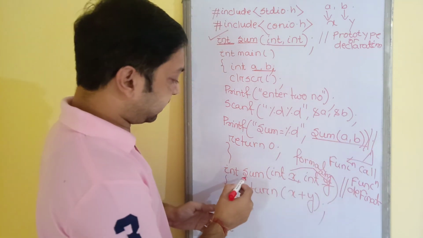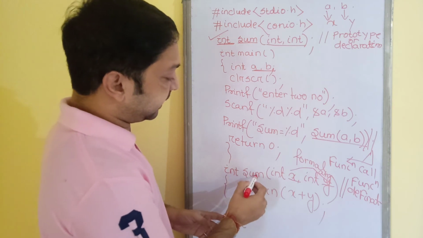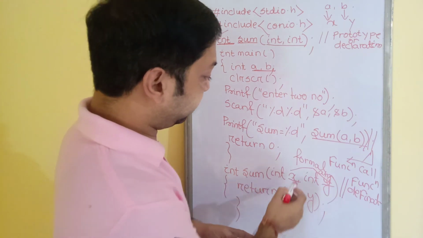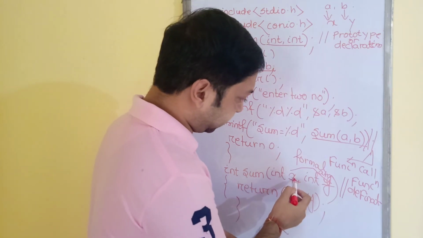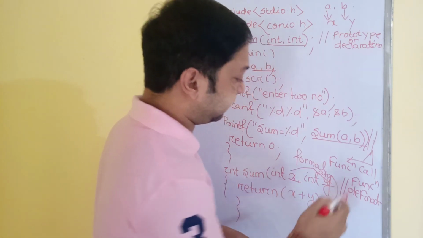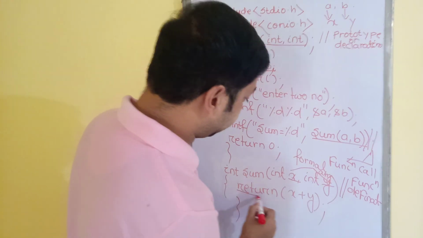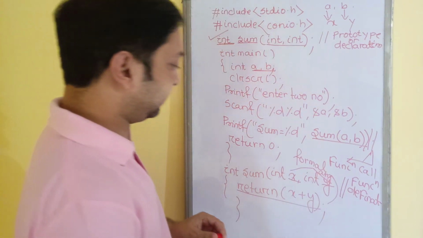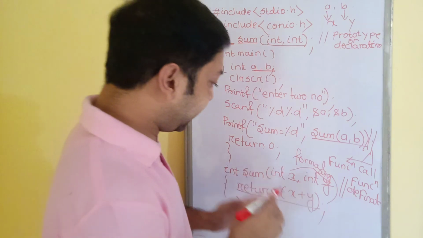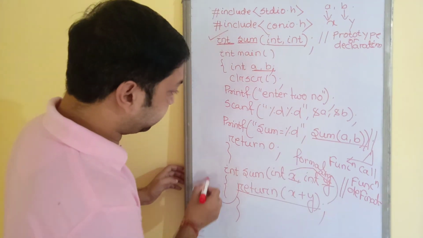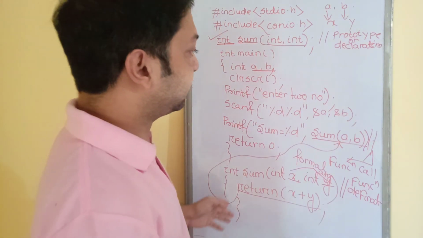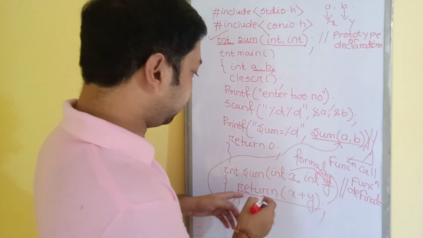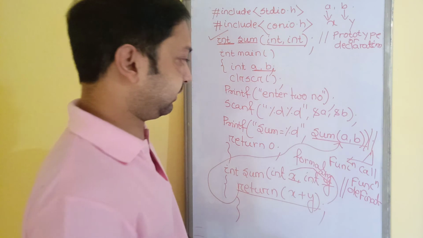Similarly, the definition part contains the return type, name of the function, then data type, then formal argument. Then finally the return statement is there, return x plus y. So whenever two numbers are added, the value will simply be returned to the function call, or the control will directly go to here.